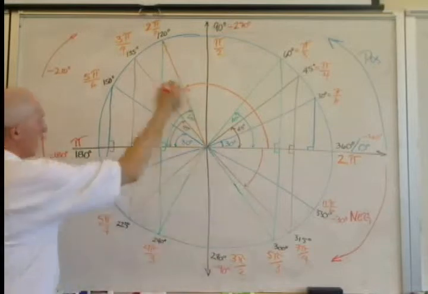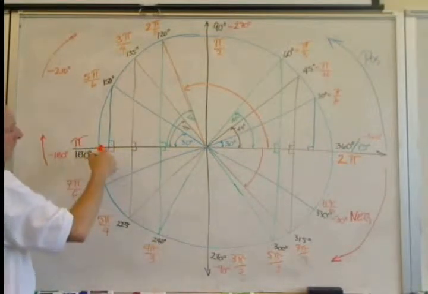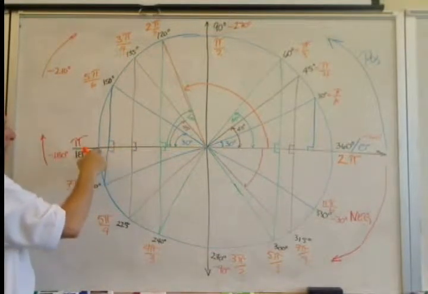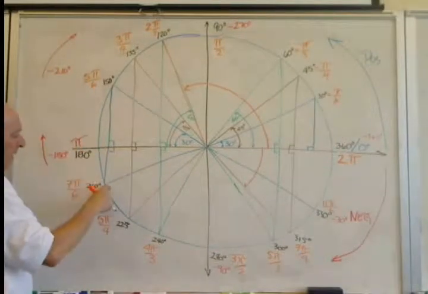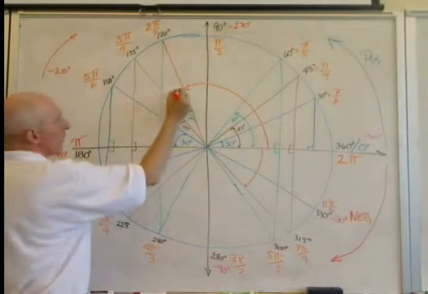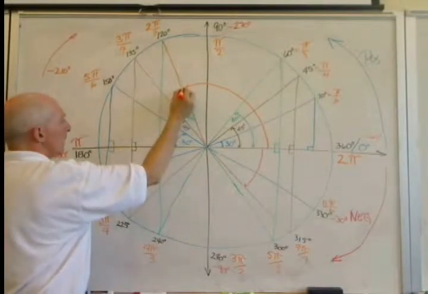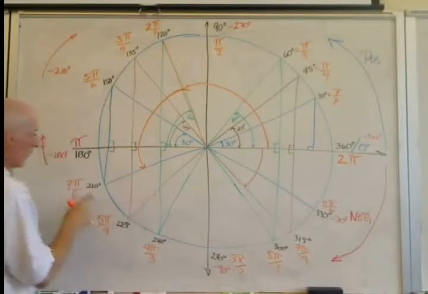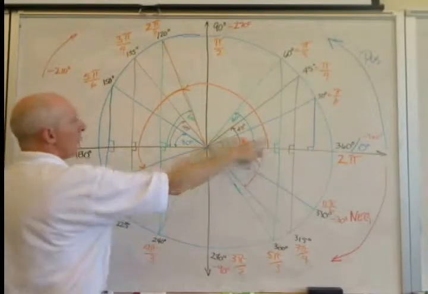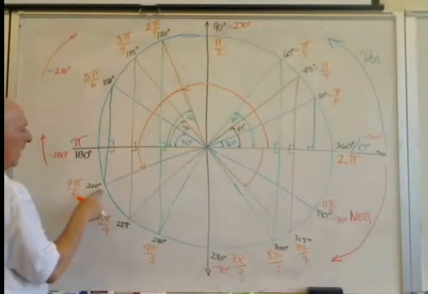Moving on down through 180 degrees, we would get here where x would be negative and y would be 0. Moving down here to, say, 210 degrees, so let's just keep traveling around to 210 degrees here. Now we've got an angle that measures this way at 210.